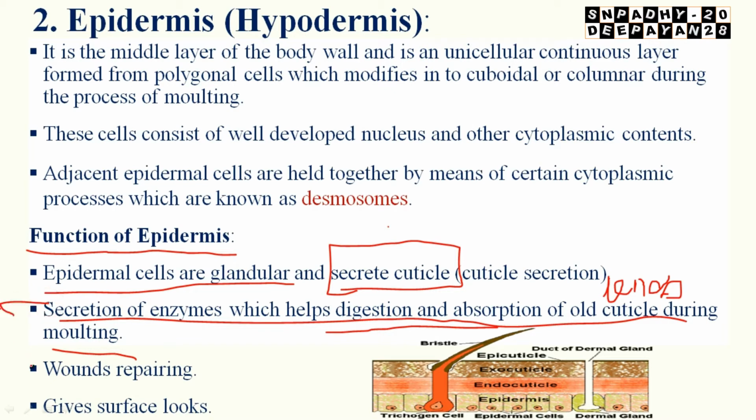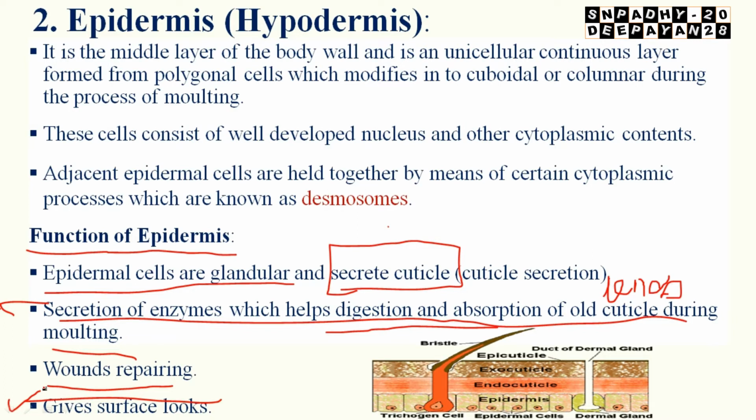Then, they also help in wound repairing. Suppose some damage is caused, they also help in repairing or healing that particular damage or wound. They also help in giving the surface looks. So what are the major functions?